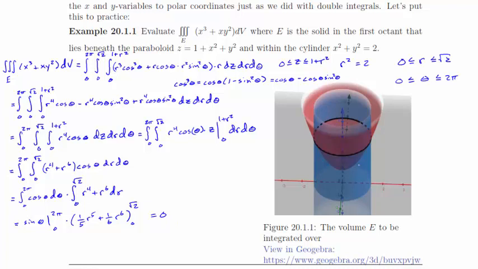So we're integrating over this volume, and due to its symmetry somehow and this function, the outputs in the fourth dimension given by x cubed plus xy squared, somehow there is positive and negative hypervolume that cancels each other out in this problem in order to give us a hypervolume of 0 for this region, or this four-dimensional region where the w values are given by x cubed plus xy squared, and then our z, x, and y are given by the bounds that we have here in our picture.